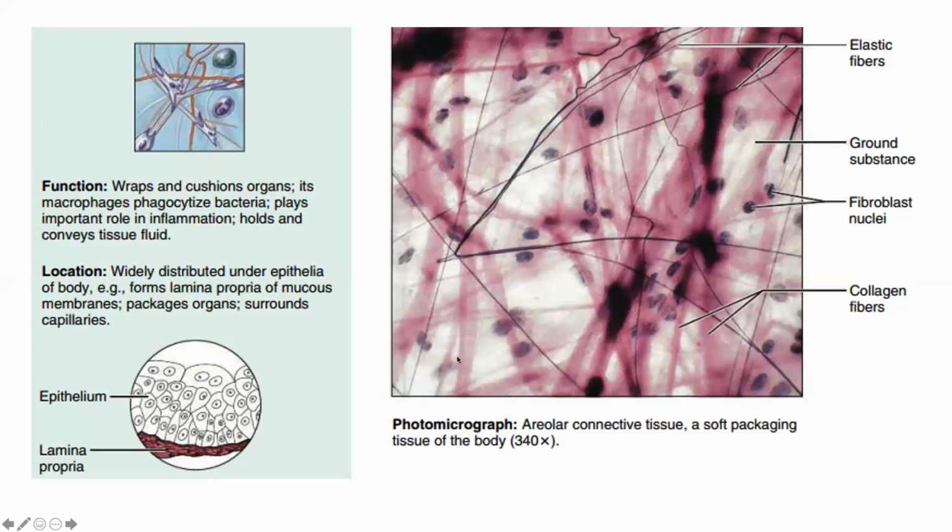So if you look in the microscope, this is very typical of areolar connective tissue. It is something like you are seeing the ground from the air. So let's say at nighttime, about 7 o'clock, you are on the plane and you are coming back to the city and you can start seeing the city. There are a few lights here and there are a few little streams of lights running around.